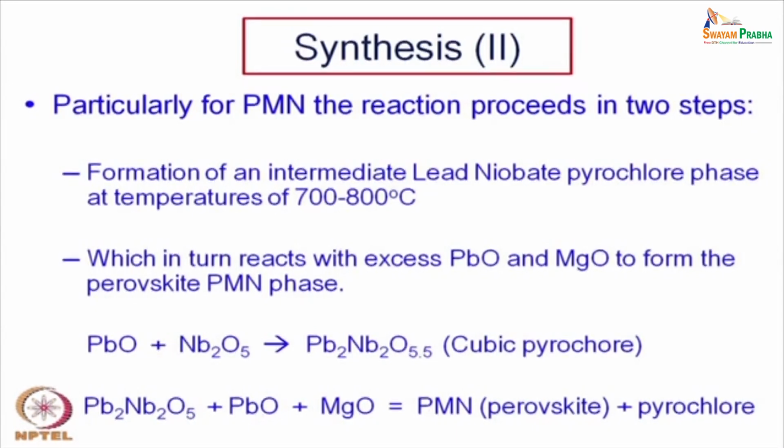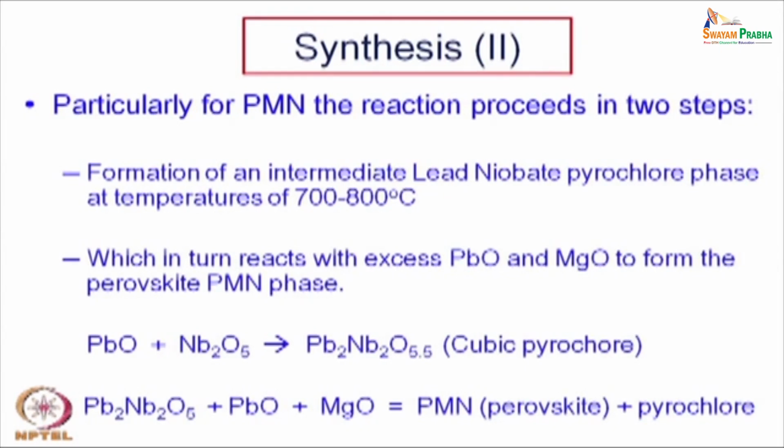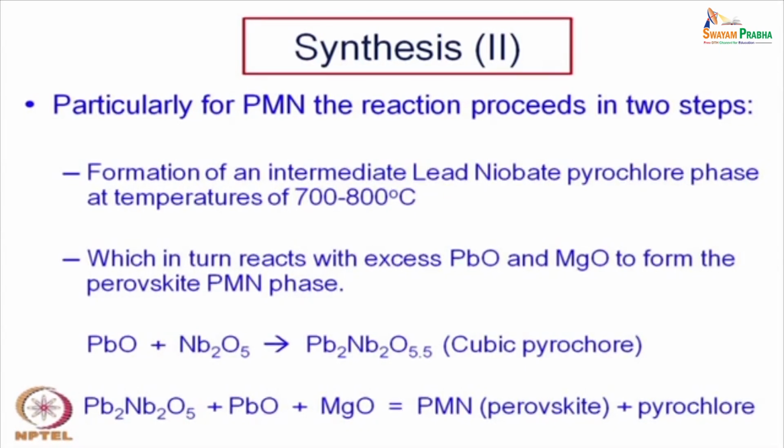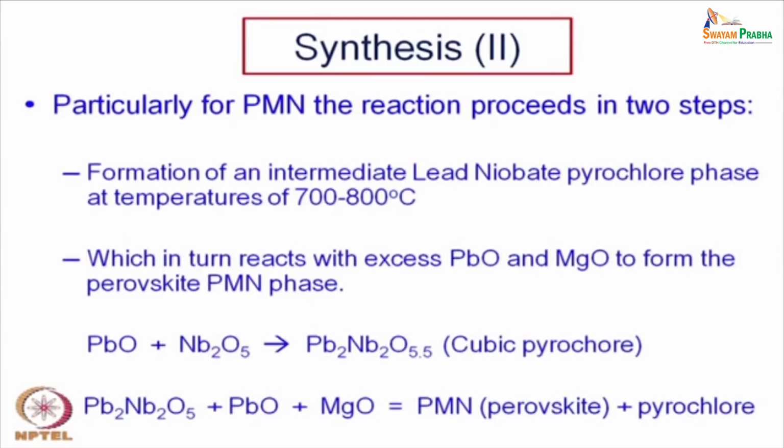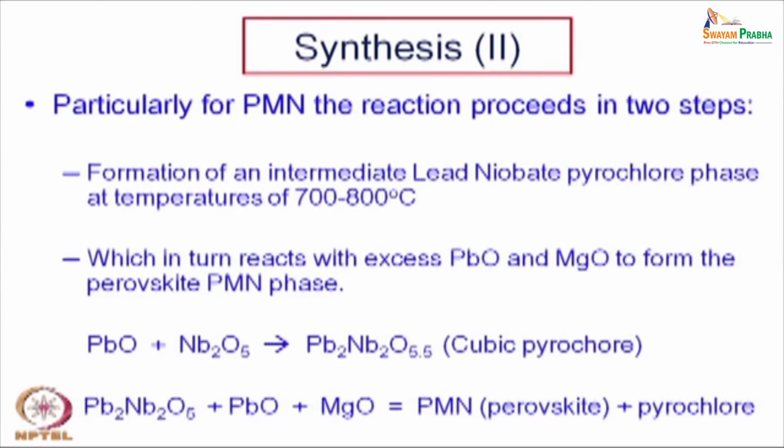The intermediate lead niobate also has a pyrochlore structure, and this pyrochlore structure is a little bit detrimental to the ferroelectric property of either the normal perovskites or the relaxor ferroelectrics.